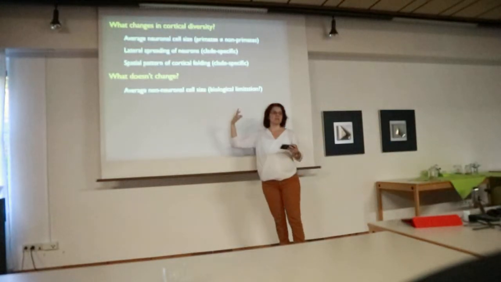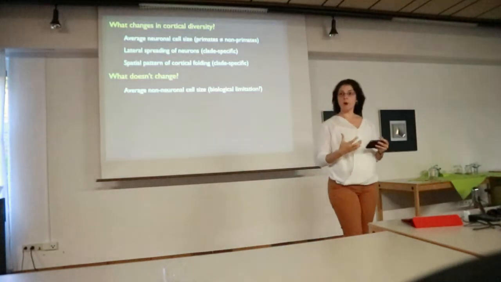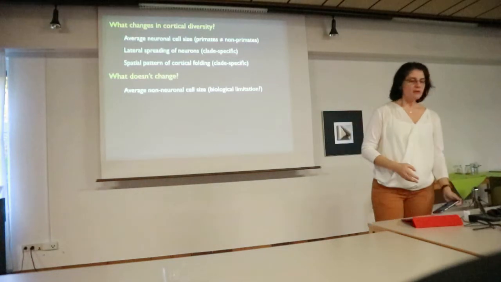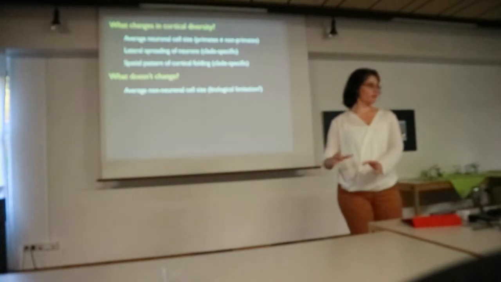And one of those things is that the average size of the non-neuronal cells seems to be very constant. Now, remember that the word evolution essentially means change over geological time.